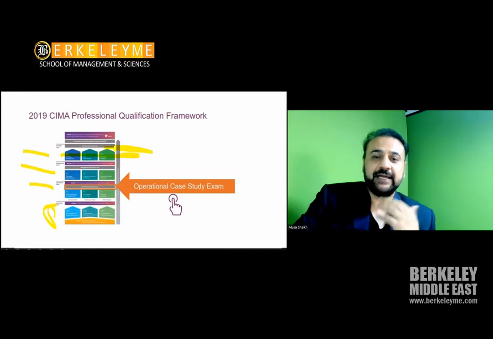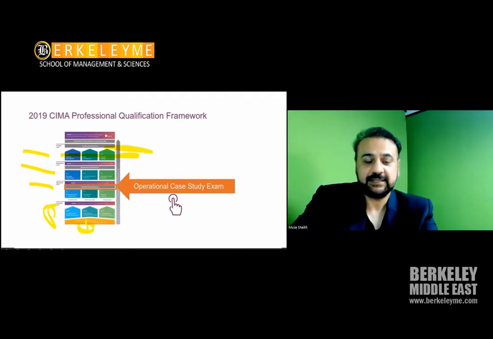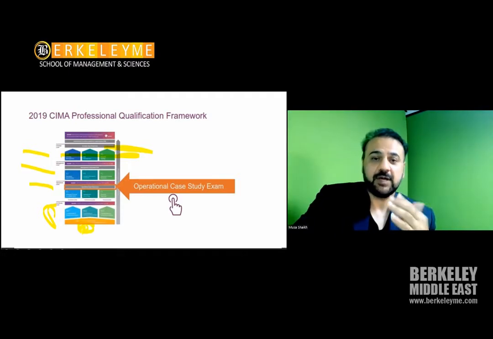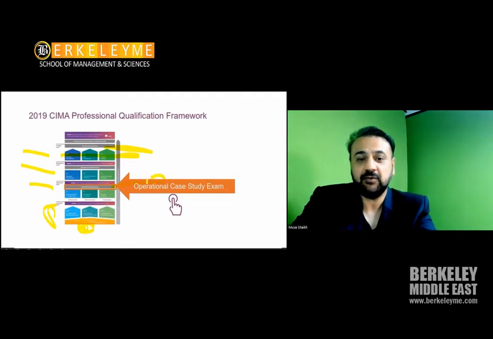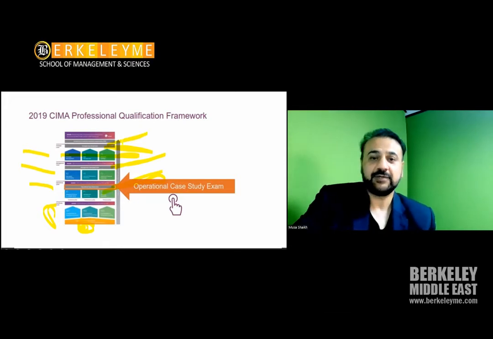Based on which route you belong to, some people start from the first exams, and CIMA offers a lot of gateway routes where you can bypass a few exams and enter straight away into your operational case study or management case study, and in a few cases you can bypass all the exams and enter the strategic case studies as well.